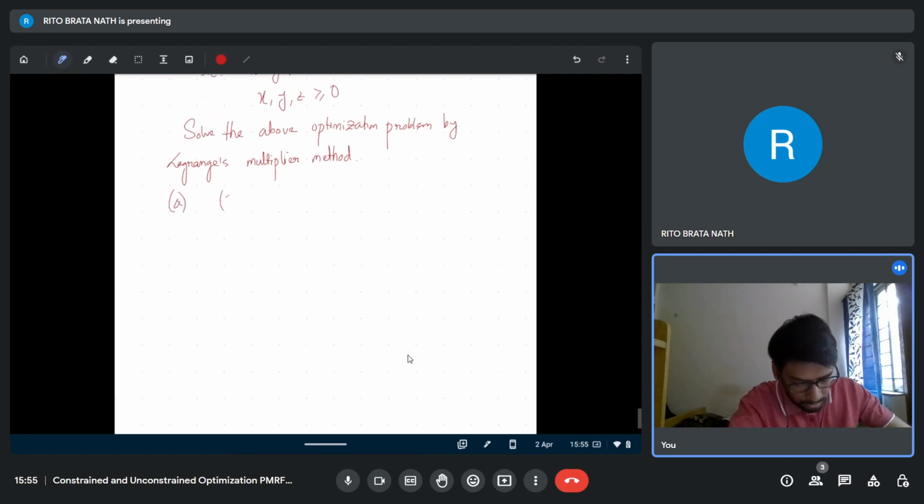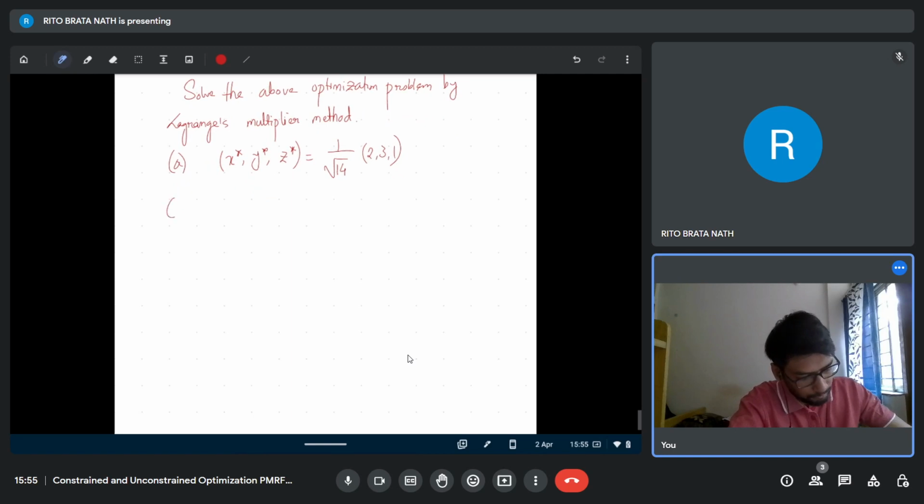Option A is x star, y star, z star equals 1 by root 14 times 2 comma 3 comma 1. B is x star, y star, z star equals 1 by root 14 times 3 comma 2 comma 1.